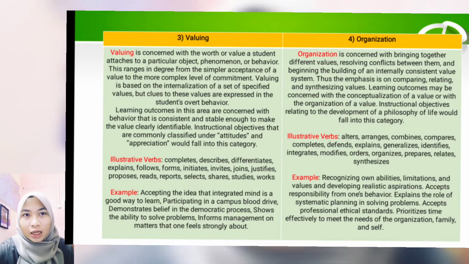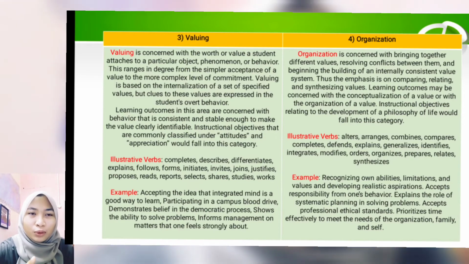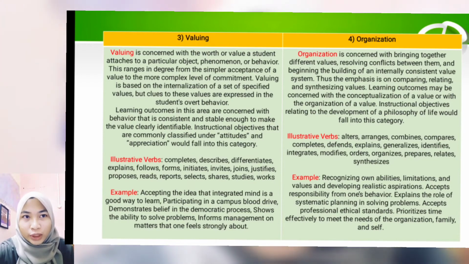This ranges in degree from the simpler commitment, like assuming responsibility for the effective functioning of the group. Valuing is based on the internalization of a set of specific values, but clues to these values are expressed in the student's overt behavior.